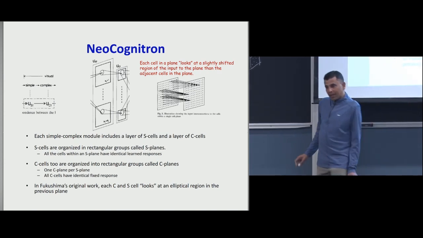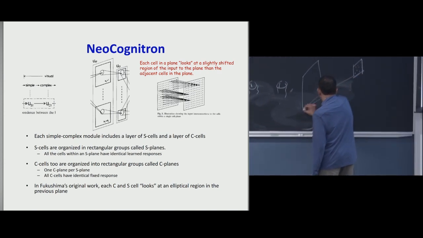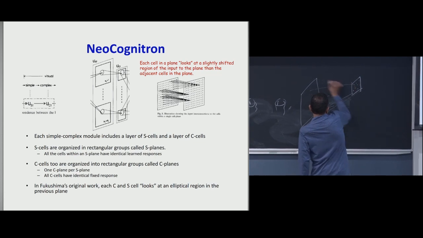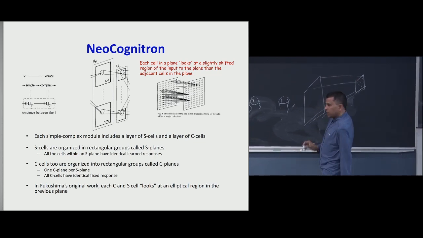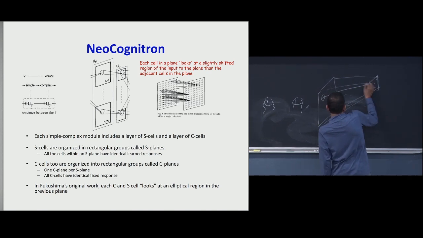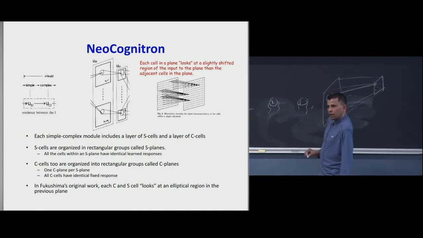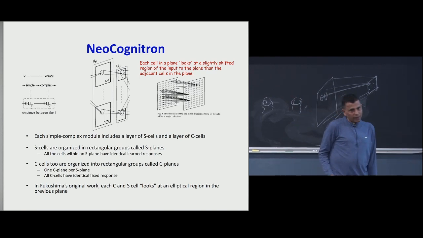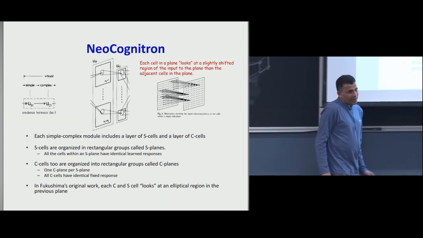So this plane is covering the entire input image, but each of these is looking over only one location in the image. That would be a granny eye detector.